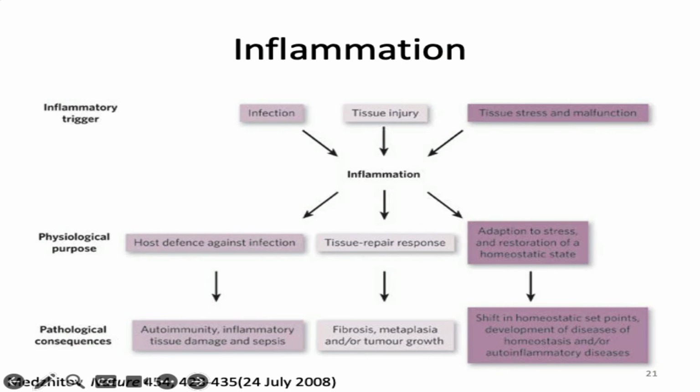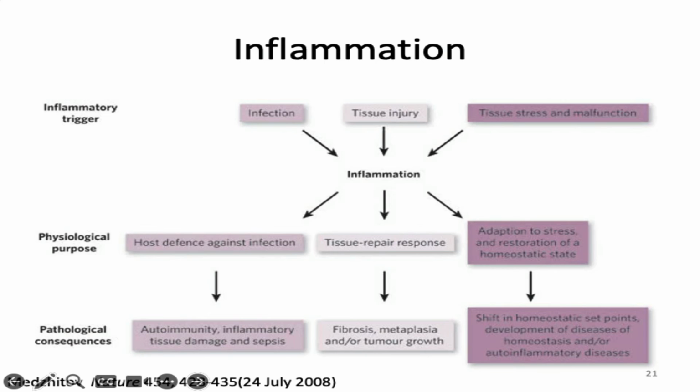The problem with inflammation is if inflammation happens for too long, so not for a really short period of time, but for a really long period of time, or if inflammation happens in too many places. So if you're having inflammation happening in many body locations, then that can be a problem.